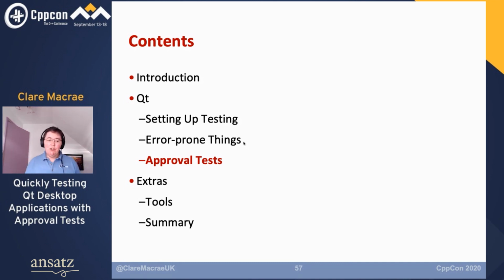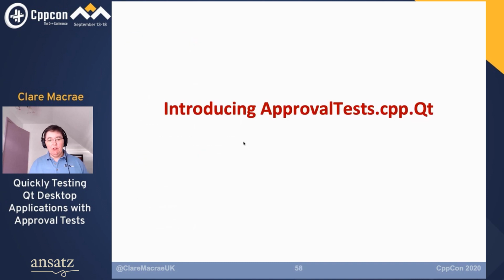So everything I've shown you so far is vanilla Catch 2 and Qt testing. Now I'm going to go on and talk about approval tests. And I'm introducing a tiny, tiny testing library, which is built on top of approval tests for C++, approval tests for testing Qt.